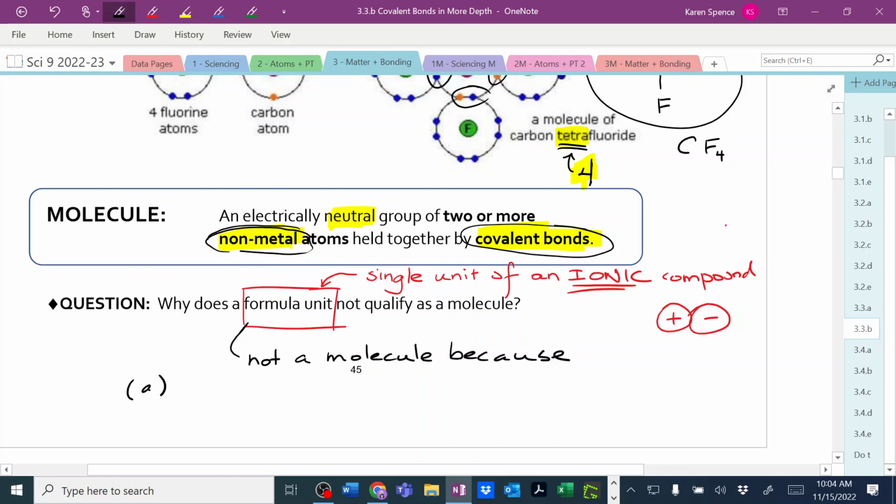A formula unit is ionic, which is metal plus nonmetal.